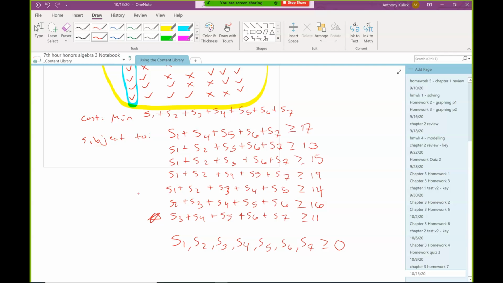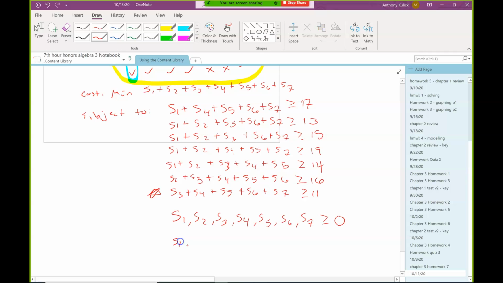So these are full-time workers, right? So what kind of values would be acceptable? Whole numbers, right? We can't have like 7.32 full-time workers for a schedule. So we should also say that these guys are integers, right?